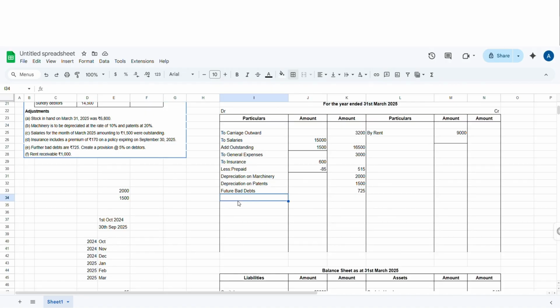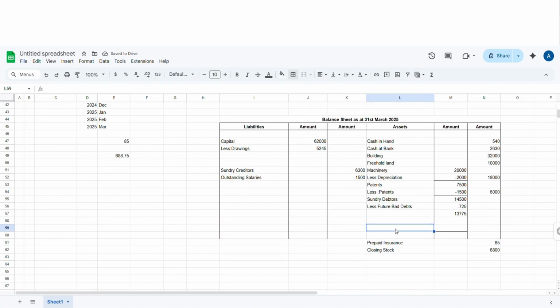Provision for debtors, that is 689, and the other is in the balance sheet, less provision, that is 689, and in the outer column it is 13,086.